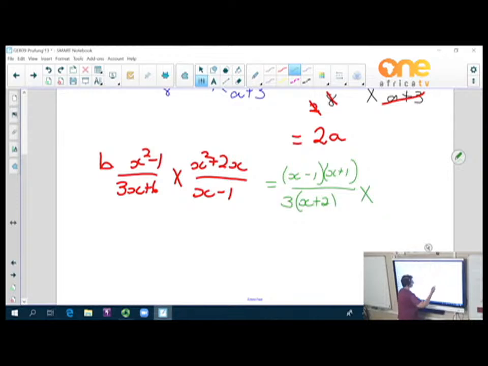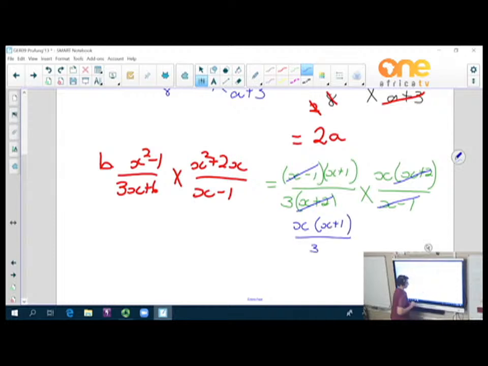This is again the highest common factor, x plus 2 over x minus 1. Everything is now multiplication, so now we can cancel. Right, what will cancel? This one and this one. What I do at the bottom, I must do at the top. This one and this one will cancel out. So it is x plus 1 over 3.